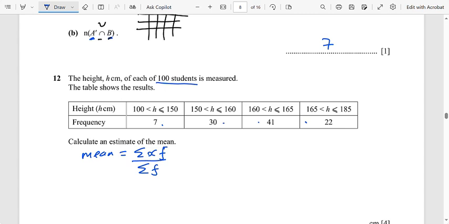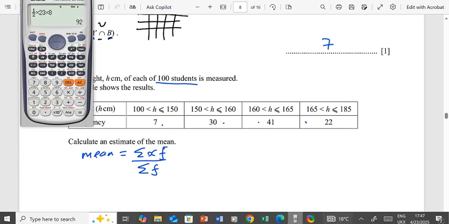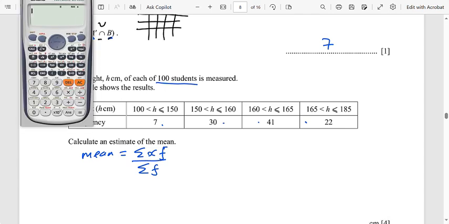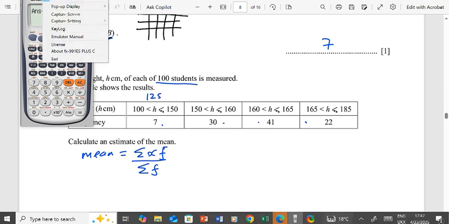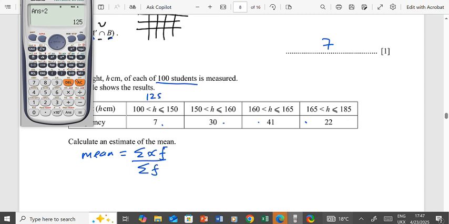I'm going to find the midpoint first. The first midpoint would be 100 plus 150, which is 250, divided by 2, gives me 125. The next one would be from 150 to 160.